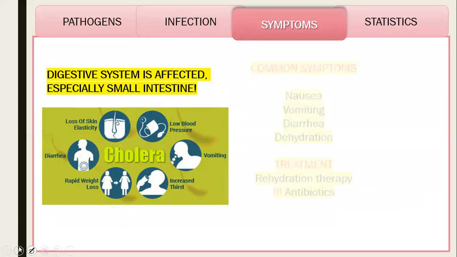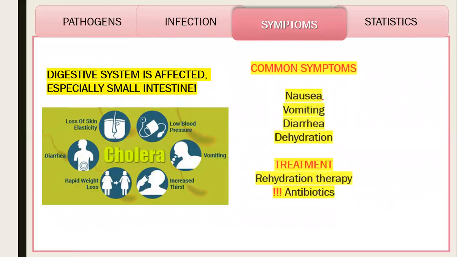Common symptoms are, of course, nausea, vomiting, as it shows in this picture, and diarrhea. And another main symptom is dehydration. So these are the common symptoms, but of course there are other symptoms such as in this picture.